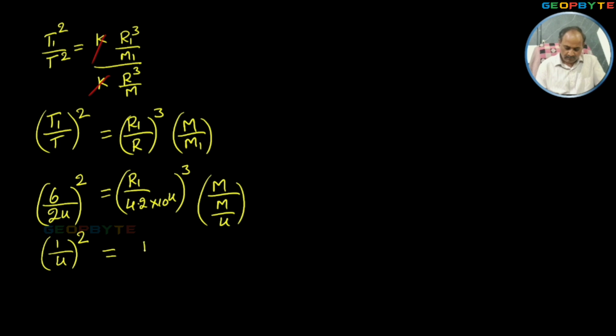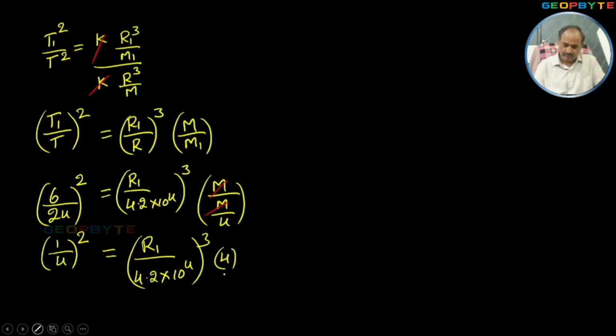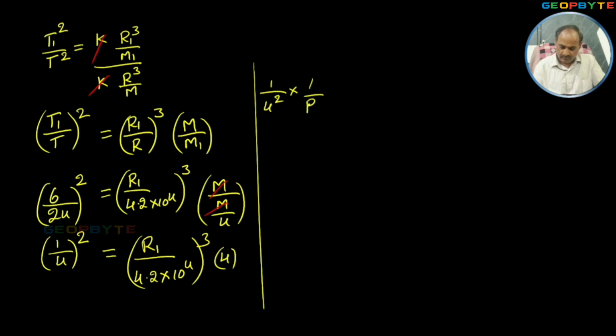is equal to R1 cube by 4.2 into 10 power 4 whole cube. Here m is cancelling. Finally 4 goes up. So here it is 1 by 4 square into 1 by 4.